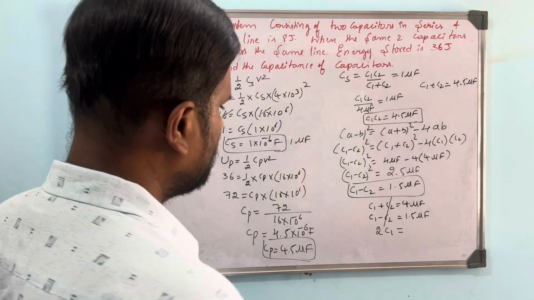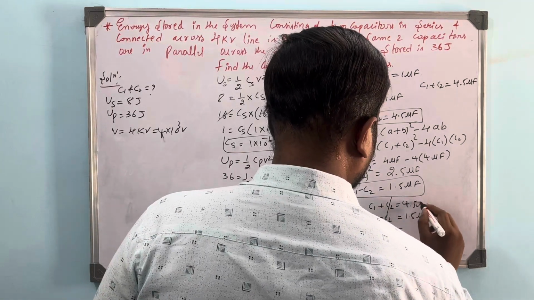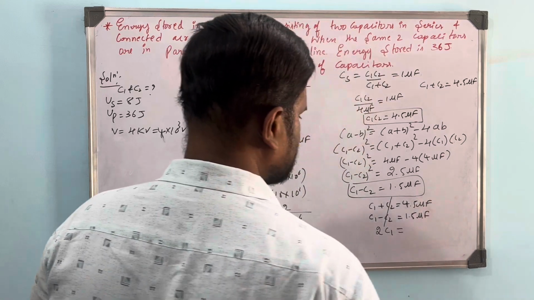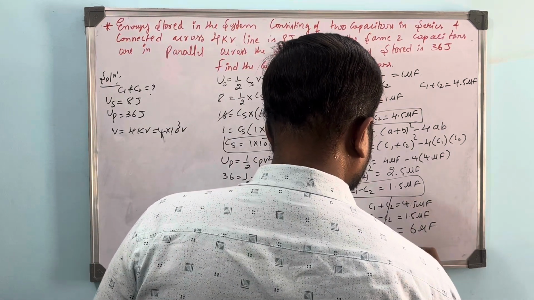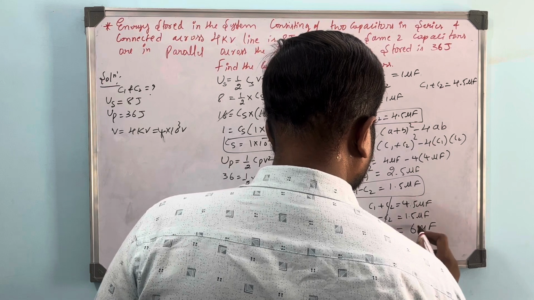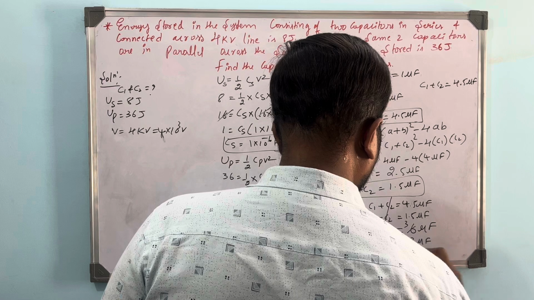Sorry for the small mistake. So 4.5 plus 1.5 becomes 6 microfarad, and C1 value is 3 microfarad.